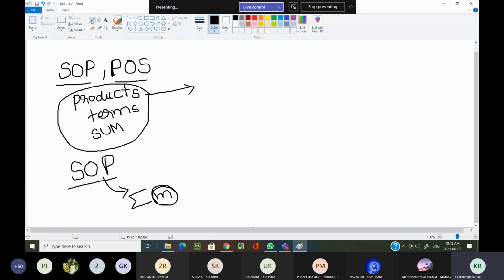POS means we have some terms, which we consider as max terms, and we are performing product of max terms, or product of sums.